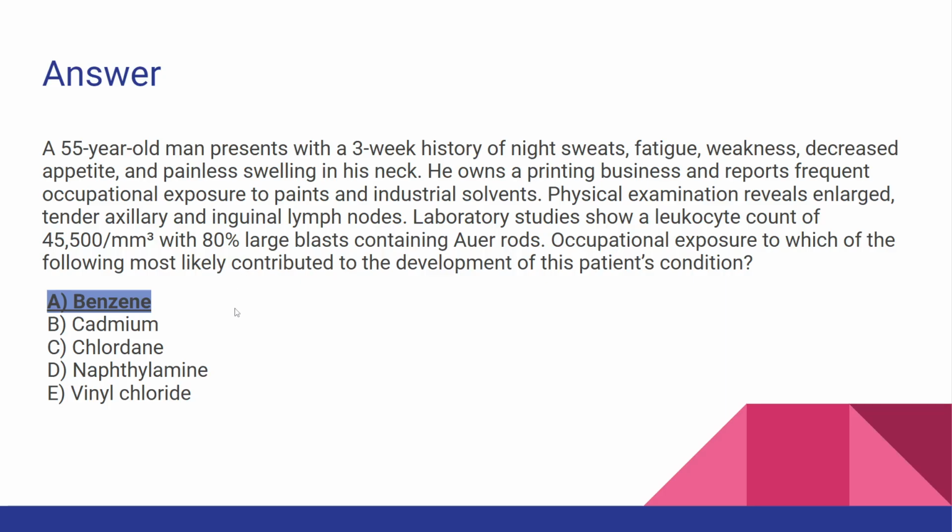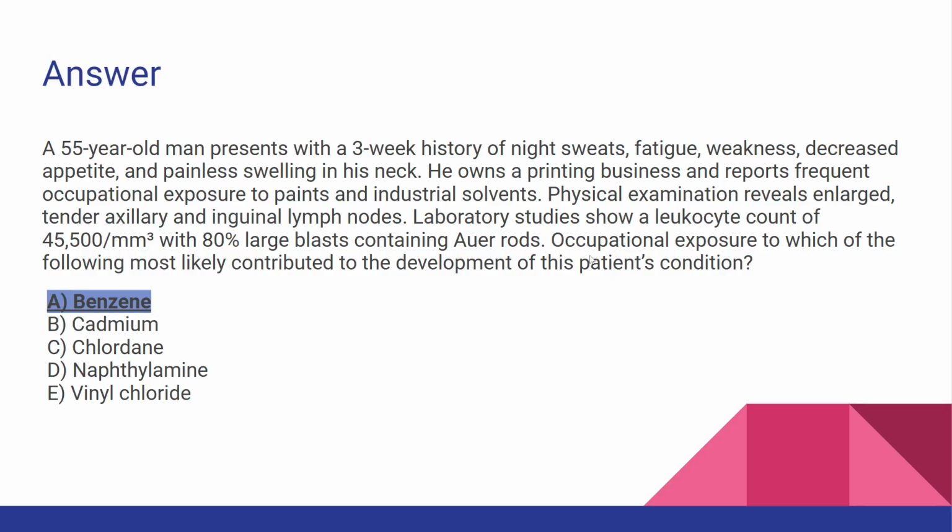But NBME, they have little tricks for you, feel me? So they're gonna switch up on you and be like, oh yeah, we gave you that, this is talking about AML, but now you gotta know what occupational exposure causes AML, right? So they're gonna throw you in a loop sometimes, even if you know the disorder they're talking about.